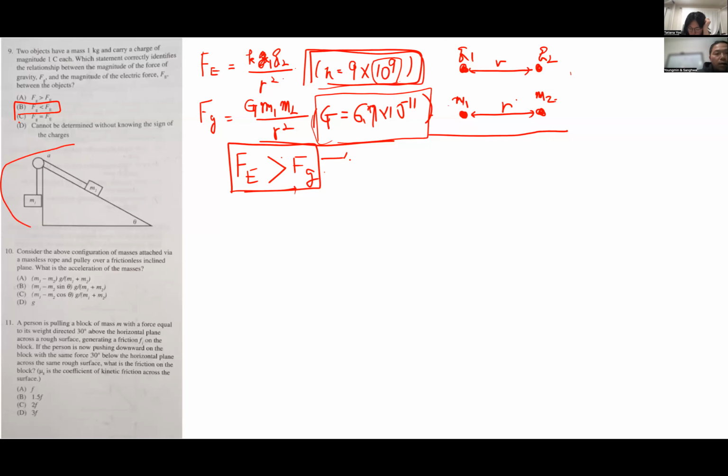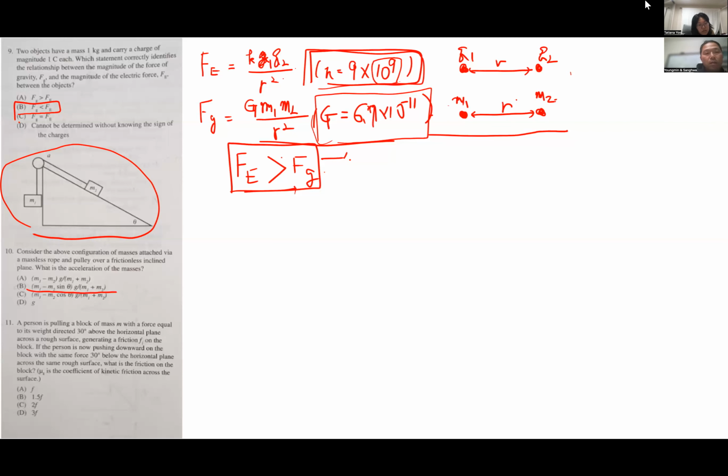So then you have the figure right there, right? So let me, I think it's B. B. Yeah.